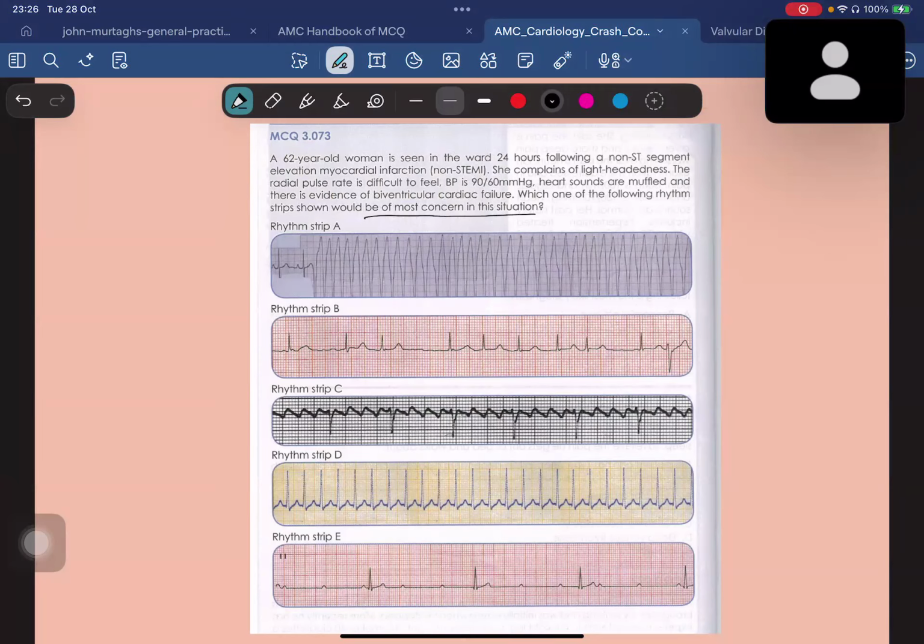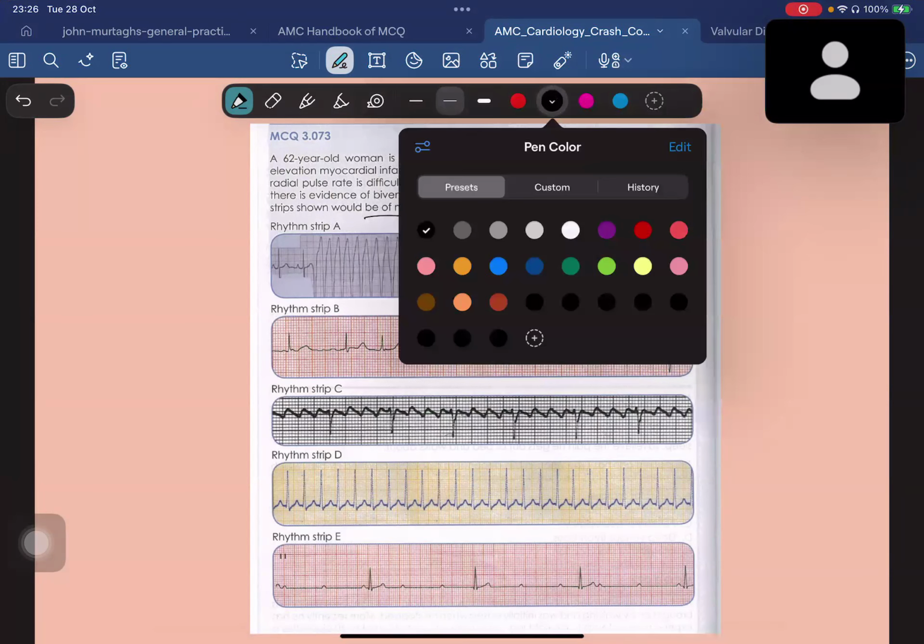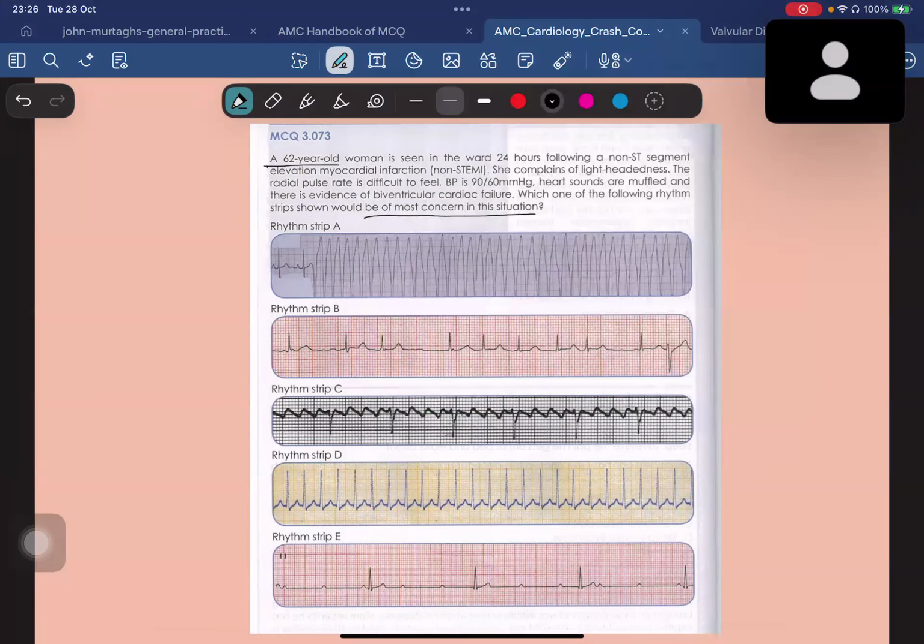For me, when I see a question like this, I would just think of the age of the patient, and having a history of other cardiac diseases would also highlight for me, following the non-STEMI.